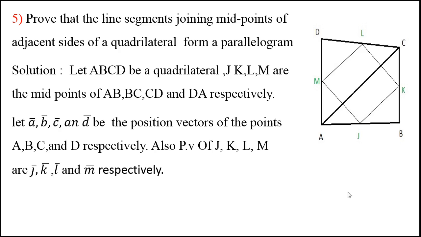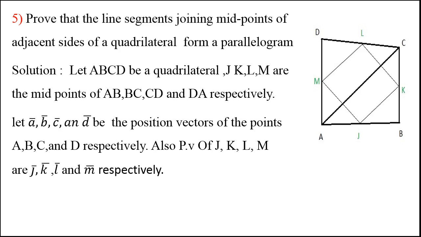There are several ways. If we prove that opposite sides are parallel to each other, that means JK is parallel to LM and JM is parallel to LK, in both pairs, that is enough. The second method is if we prove that in both pairs opposite sides are equal in length, that is also sufficient.